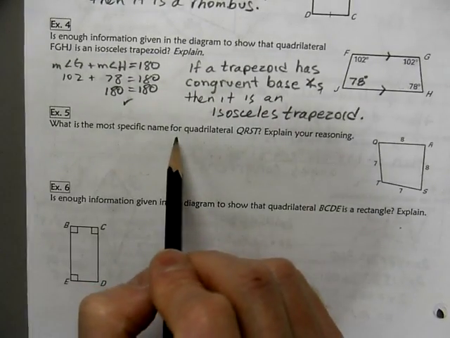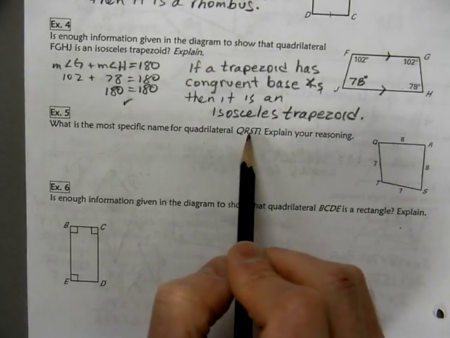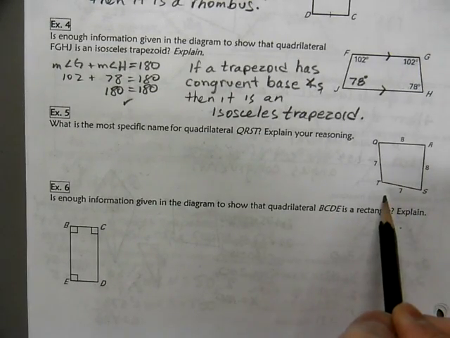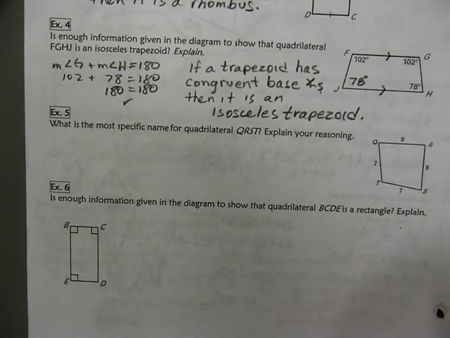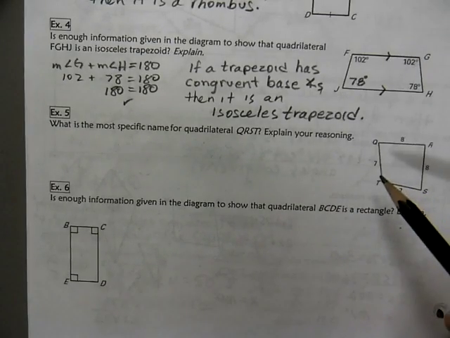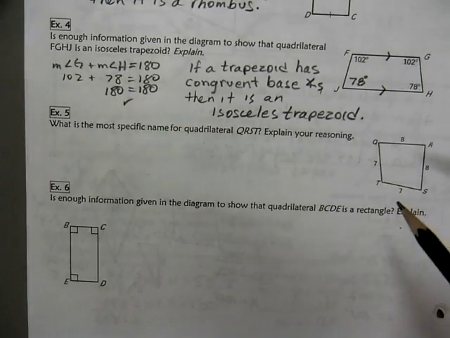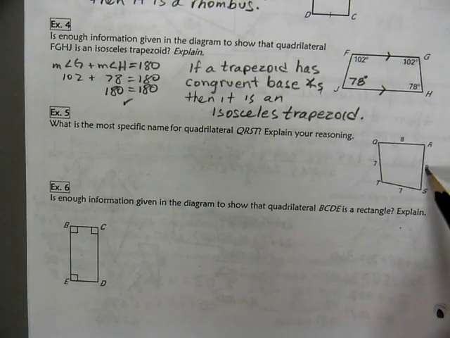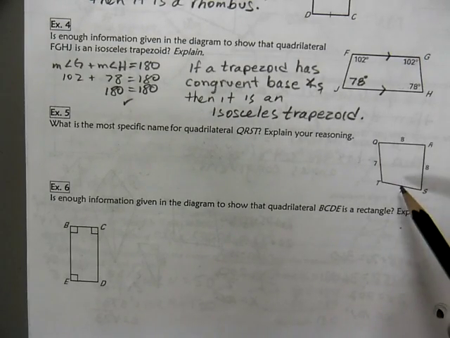What is the most specific name for quadrilateral QRST? Well, when we look at QRST, we see that there are four sides, so it's definitely a quadrilateral. We notice that we don't have opposite sides congruent, so that's out.